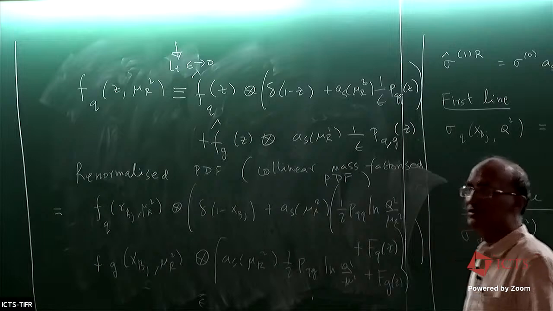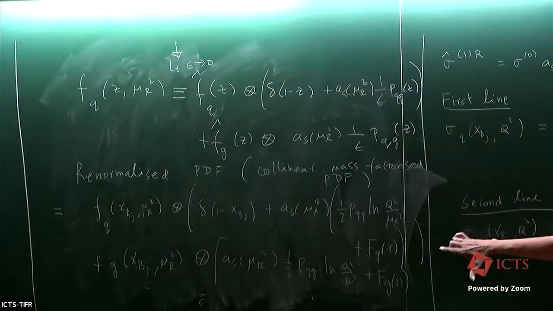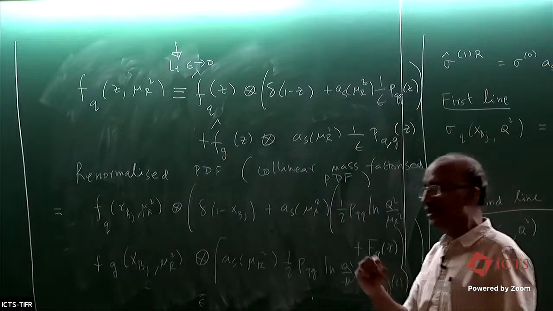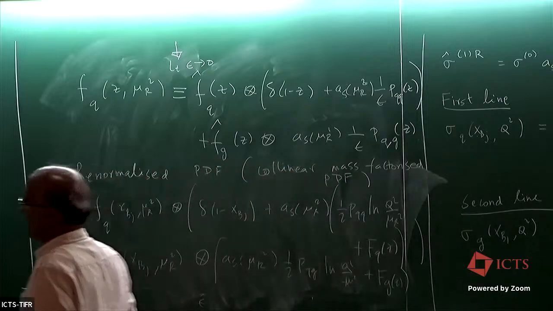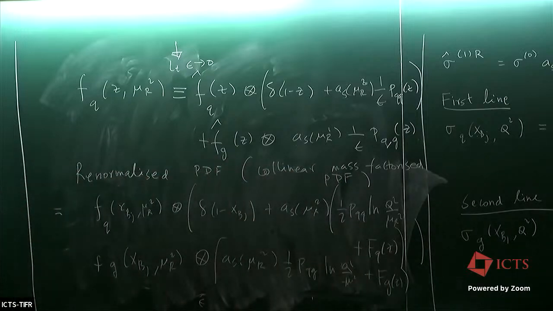Something like this you can call. So I get a cross section now which is finite. The only difference is that instead of the F hat that I had written down yesterday and this morning, now it's not F hat, it's a new function which explicitly depends on the scale mu_r.